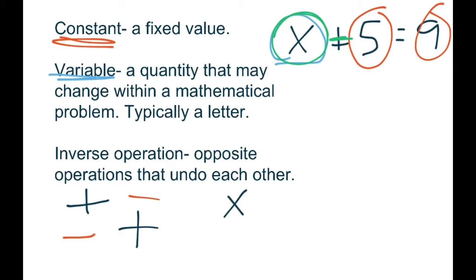The inverse operation for multiplication is division. And if the problem starts off as a division problem, we're going to be using the inverse operation of multiplication. You cannot have an addition problem and use multiplication as an inverse operation. Addition and subtraction only go together, and multiplication and division.